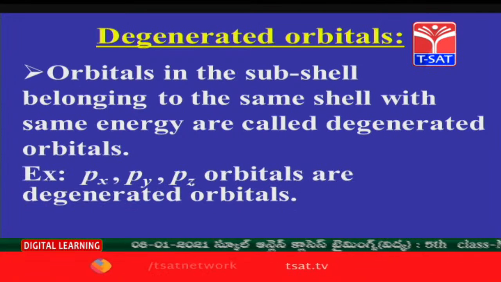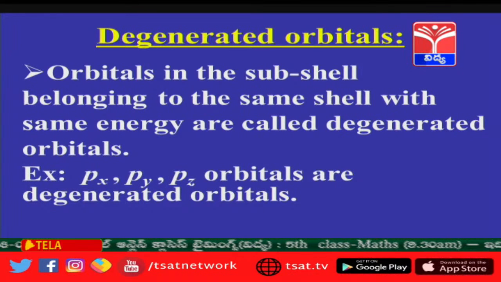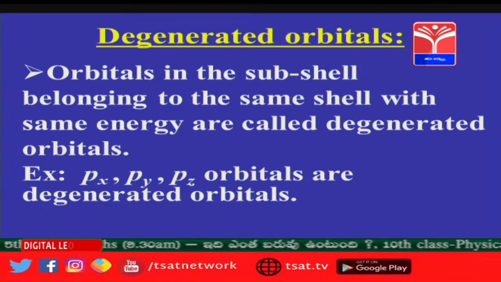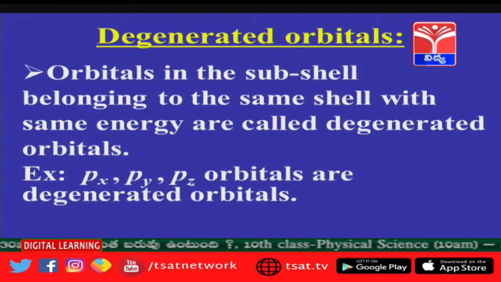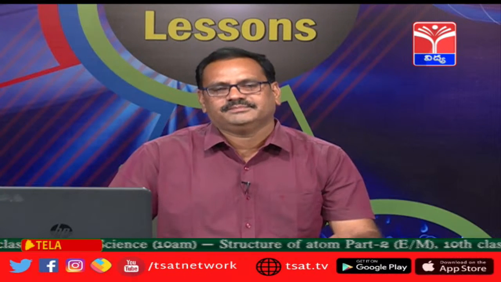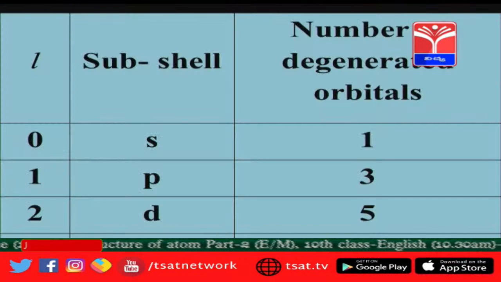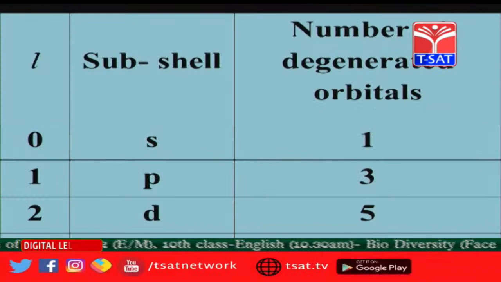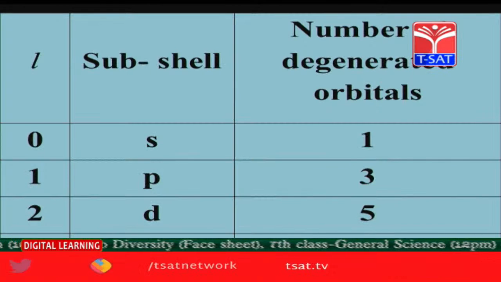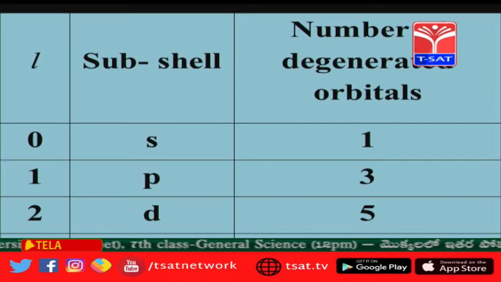For example, Px, Py, Pz orbitals are degenerated orbitals because they have same amount of energy and also they belong to the same shell. Here you can find L value, subshell and number of degenerated orbitals. L is equal to 0, then subshell is S, the number of degenerated orbitals is 1.